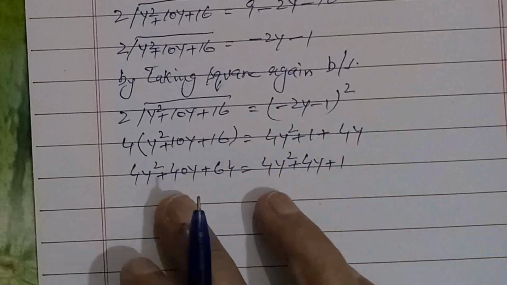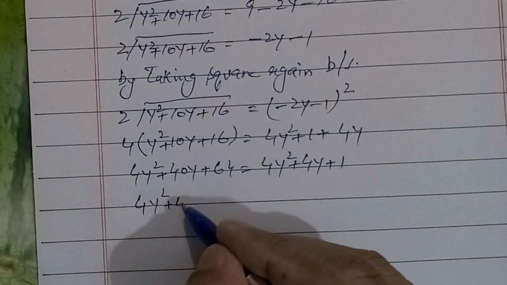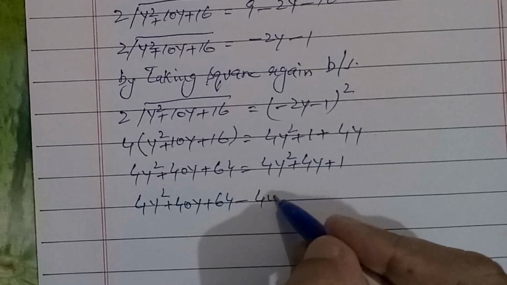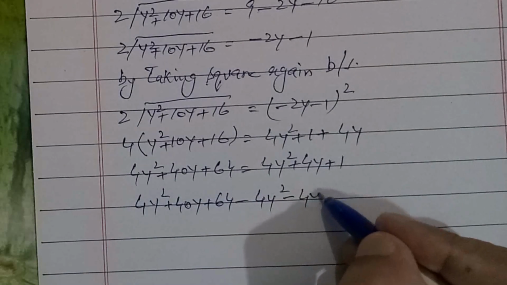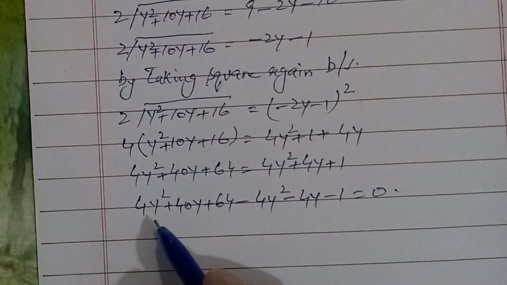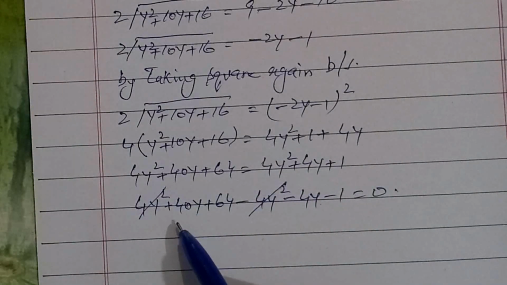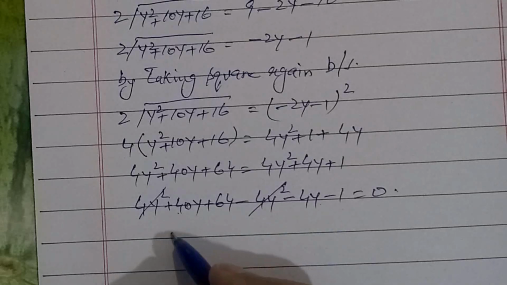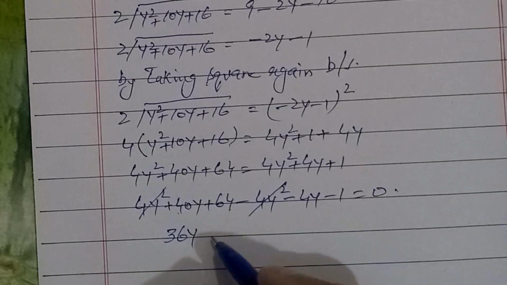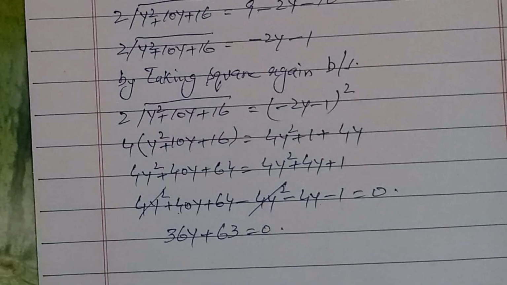Now the values of the left hand side we shift on the right side, we get 4y square plus 40y plus 64 minus 4y square minus 4y minus 1 is equal to 0. This 4y square cancels this minus 4y square, and we get 40y minus 4y is equal to 36y, 64 minus 1 is equal to plus 63, is equal to 0.